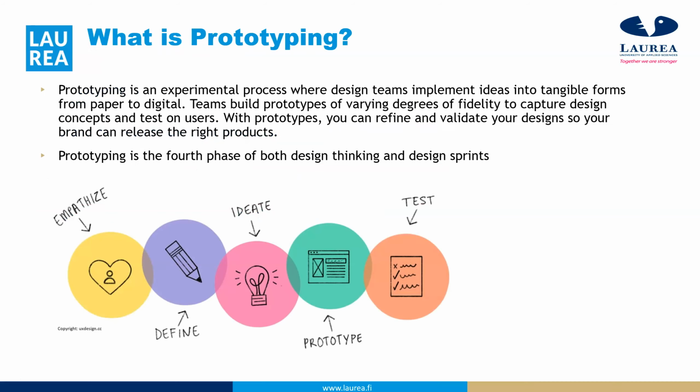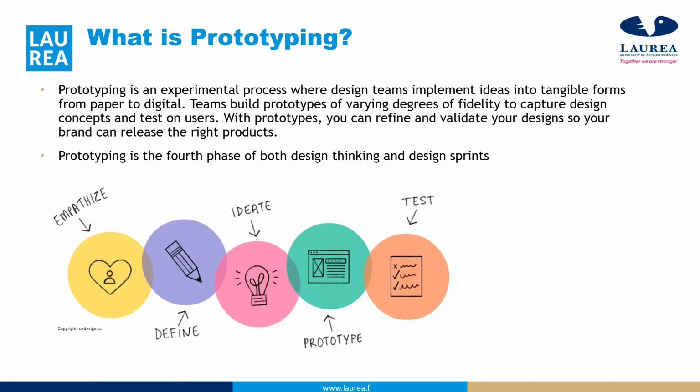So basically, prototyping is mostly something that you build or design to mimic the final output. Here it says prototyping is an experimental process where design teams implement ideas into tangible forms, from paper to digital.